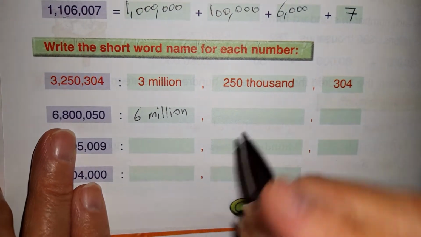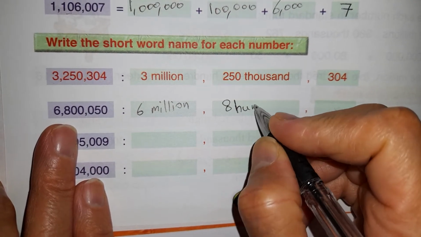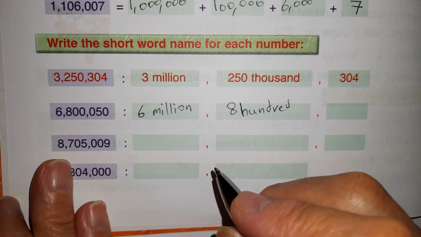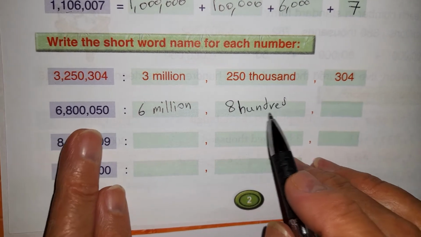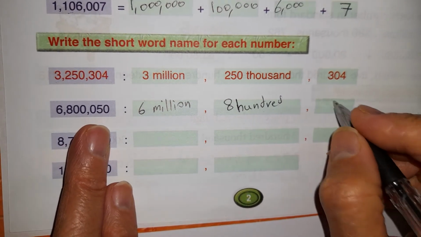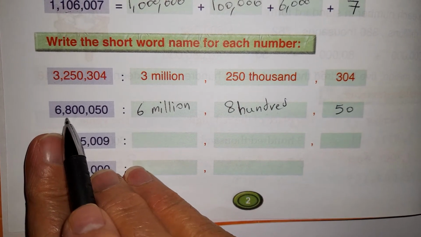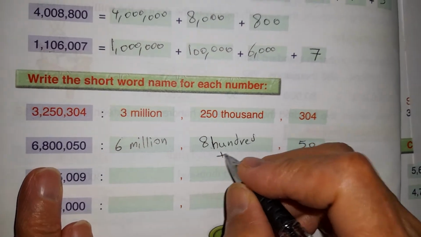And what about the 8? 800. Now, and 800,000, and what is it? 50. Okay, so it is 6,800,000. Sorry.